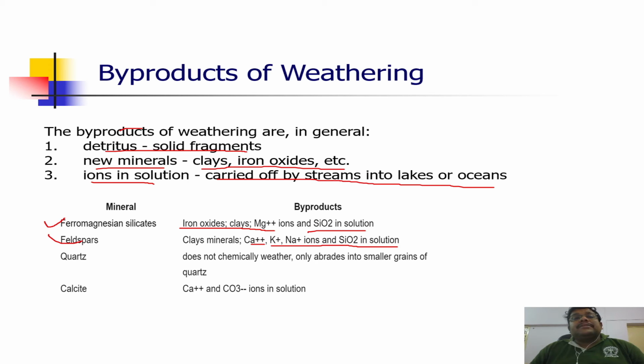Then if we consider quartz, the quartz does not chemically weather, it basically only abrades into smaller grains of quartz. So quartz is very resistant to weathering. They only show a little bit of physical weathering. In the case of calcite, you can see the byproducts are calcium ions and carbonate ions in solution. So you can see that when we start with some minerals, they produce different types of byproducts based on their mineral nature.